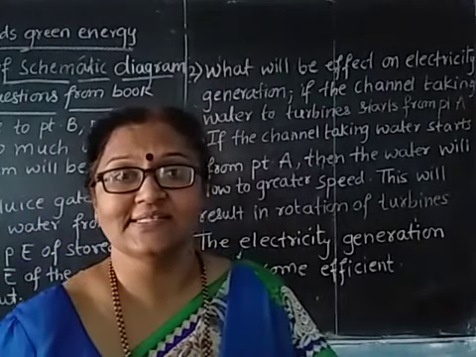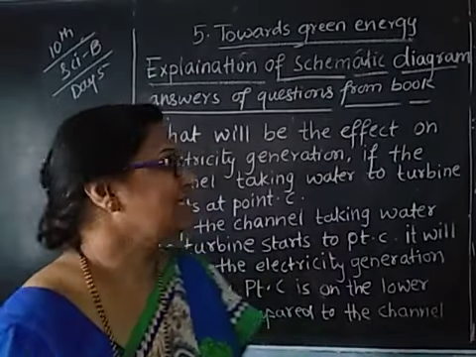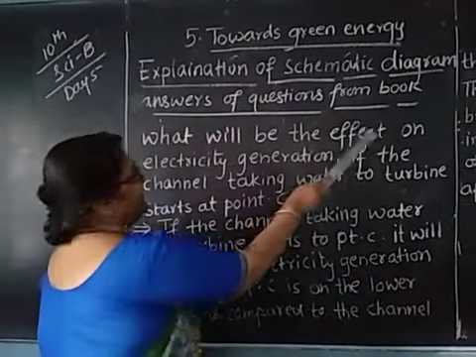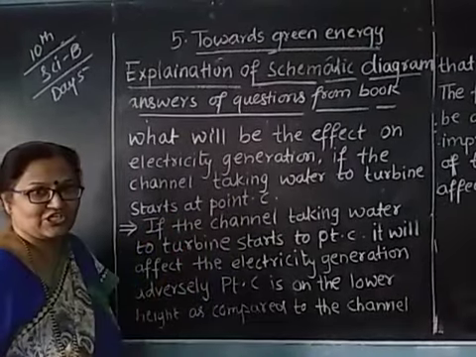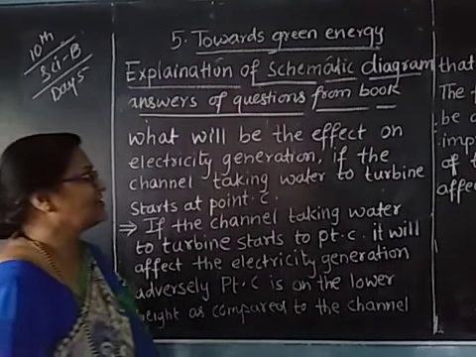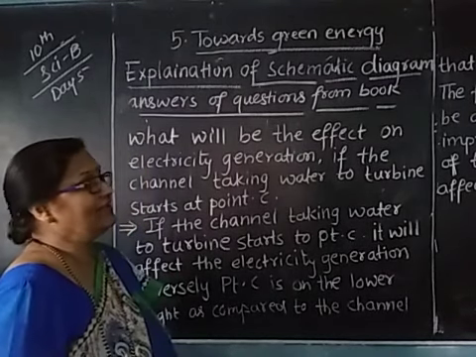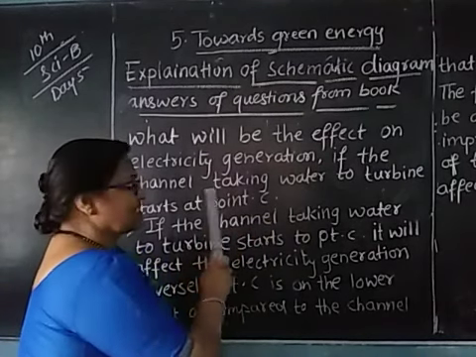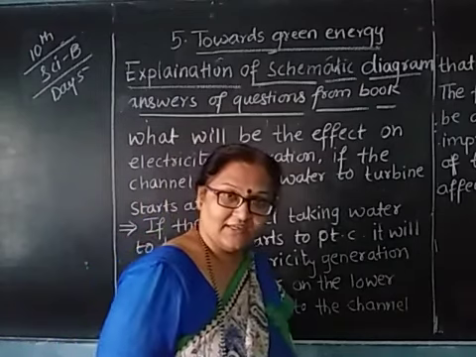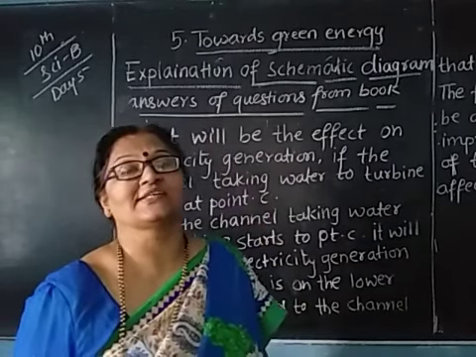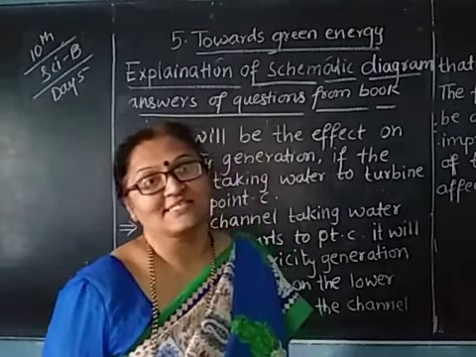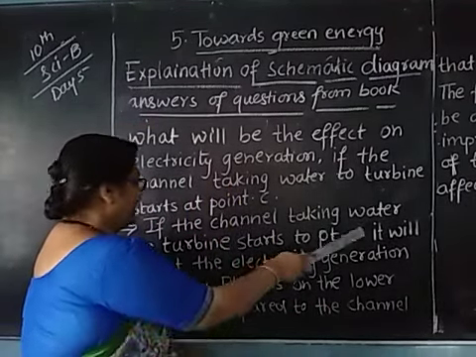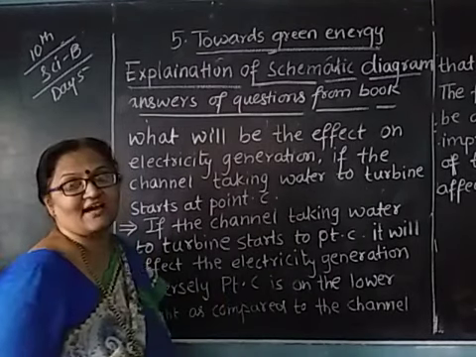The next point is the explanation of the third question. The third question is, what will be the effect on the electricity generation if the channel taking water to the turbine starts at point C?